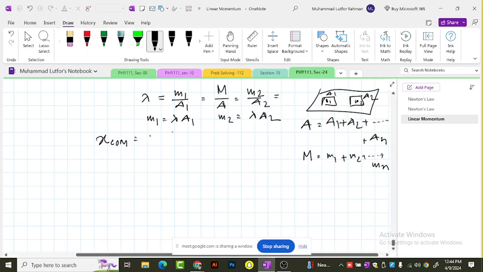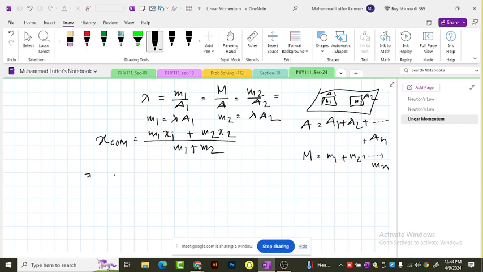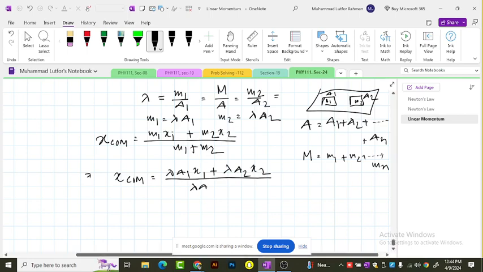That's the definition of the uniform distribution of mass. Then my xcom becomes the formula m1 x1 plus m2 x2 divided by m1 plus m2, right? Then I can write this xcom, instead of m1, I'm going to write lambda into a1 x1 plus lambda into a2 x2 divided by m1 plus m2, which is lambda into a1 plus lambda into a2.